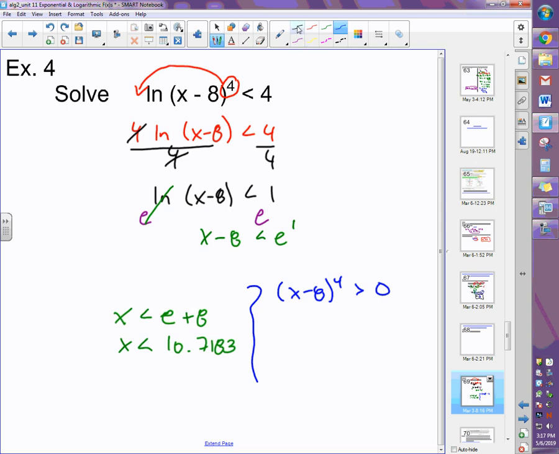So I would first get rid of my 4th power by using the 4th root on both sides. So that means I would have x minus 8 is greater than 0. And then add 8 to both sides, so x is greater than 8. So the solution to this is 8 is less than x is less than 10.7183.